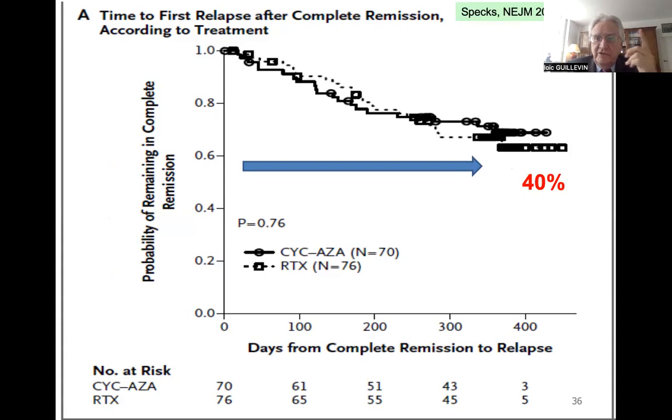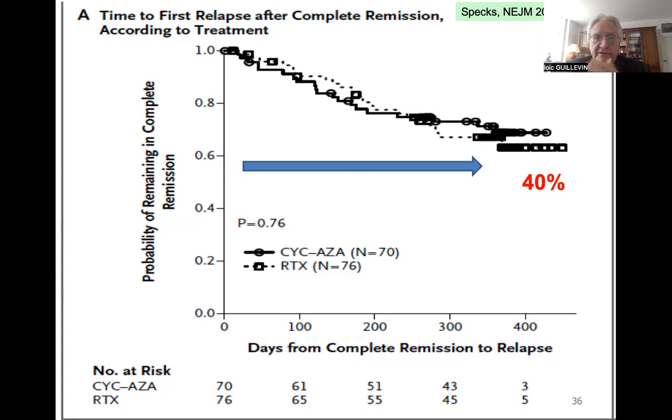Remember, in one group after rituximab, patients did not receive any treatment, placebo, and in the other group, they received azathioprine, which means that when you induce the remission with rituximab, you obtain at 18 months exactly the same therapeutic response as with oral cyclophosphamide then azathioprine. But at 18 months, 40% of the patients have relapsed.